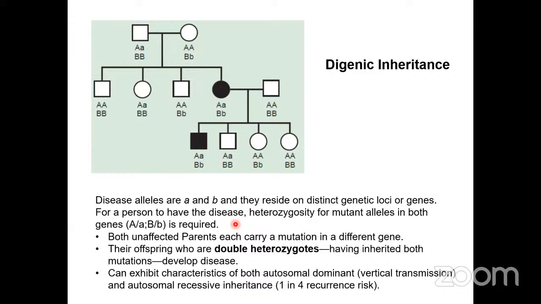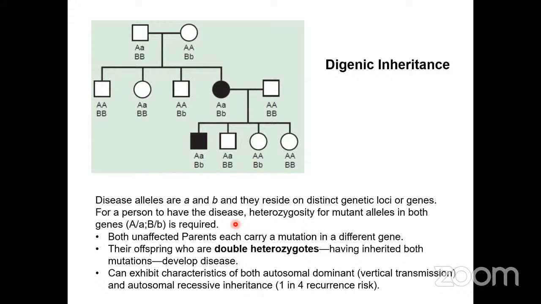If the mutation is the same in both copies of the gene, that is called homozygous. But here it's a double heterozygote. That means one copy of gene A has a mutation and the other copy is normal, whereas in gene B, one copy has a mutation and the other copy of gene B is normal.